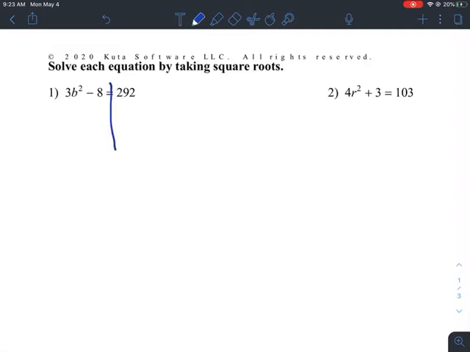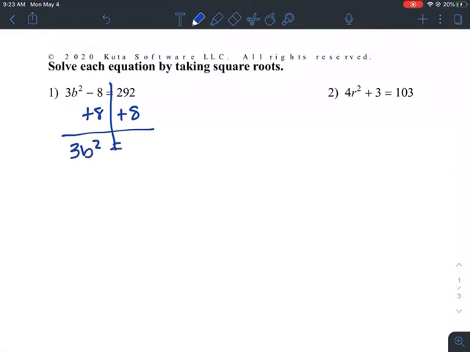So, just like you do with a regular linear equation, you're trying to get the variable by itself. So I'm going to do reverse order of operations, basically meaning I'm going to start with the numbers further away from my variable. So I'm going to add 8 to both sides.